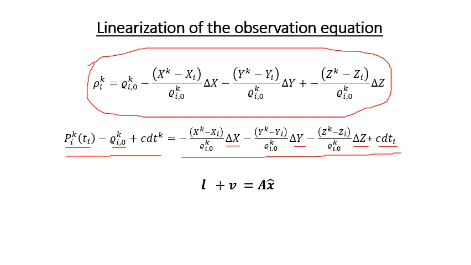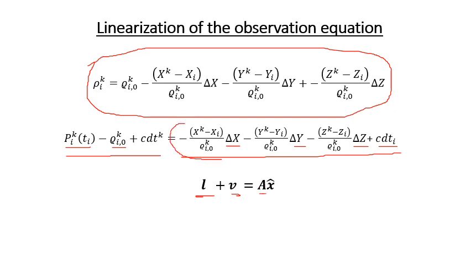As you are also aware of the linear equation, which is already introduced, the linearization will then be expressed in a model. You see the left hand side includes the lowercase l plus v, the error term, and at the right hand side, A is the coefficient matrix.